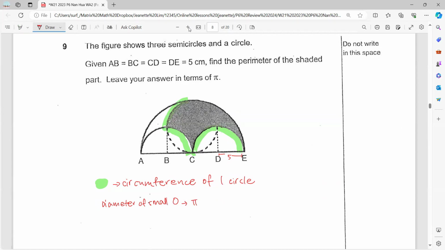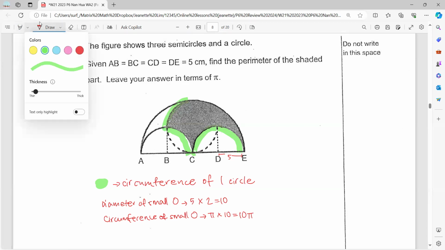Oh, sorry, I'm finding diameter first. 5 times 2 equals 10. So the circumference of the small circle is pi times 10, which is basically 10 pi.